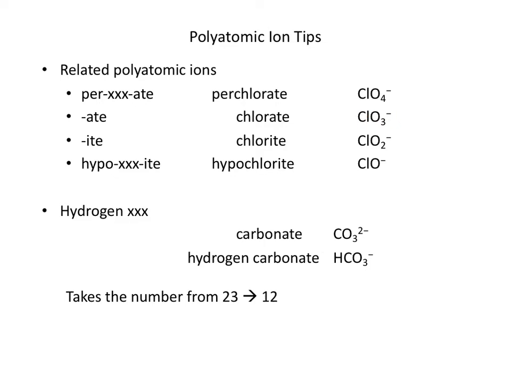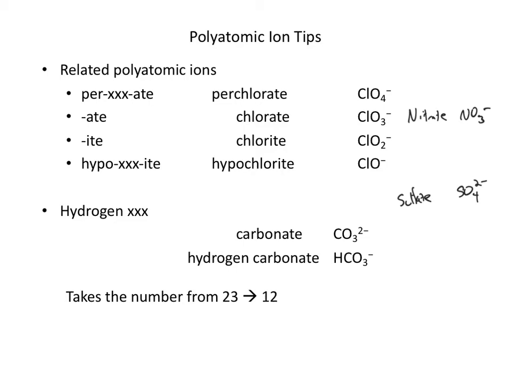If we look at nitrate, it's NO3-. And sulfate is SO4 2-. So you can see that just because it ends in ate doesn't tell me how many oxygens there are, right? Chlorate and nitrate both have 3, sulfate has 4.